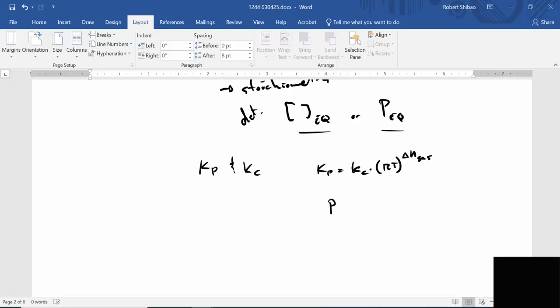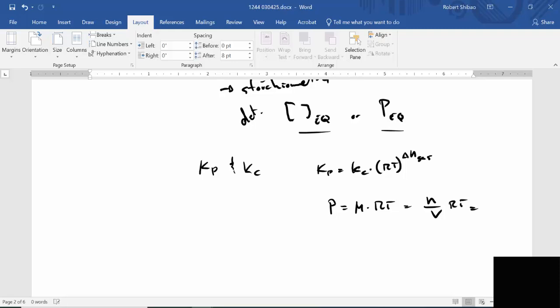Remember from chapter 6, P is equal to the molarity times RT. The molarity is the number of moles over the volume. So P is equal to n over V times RT.